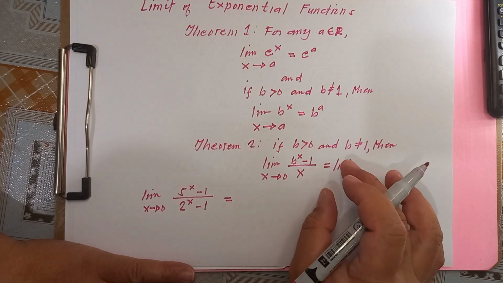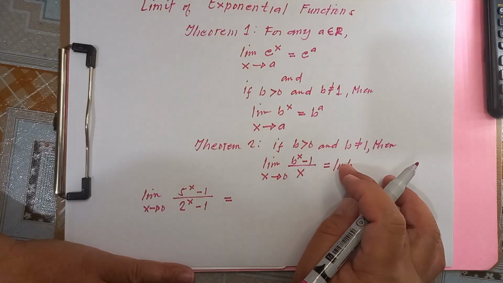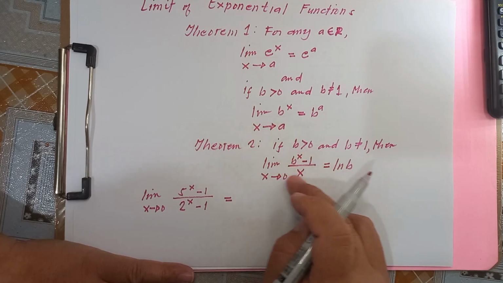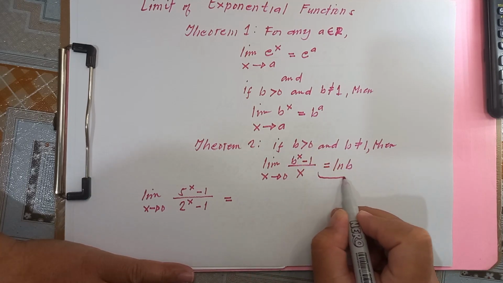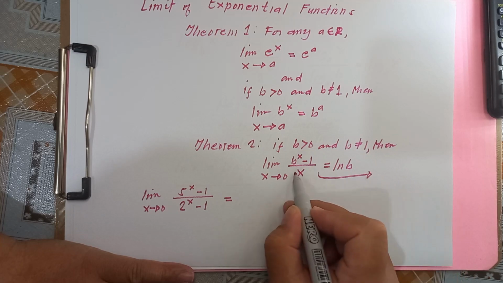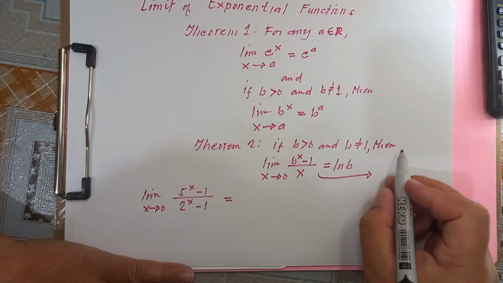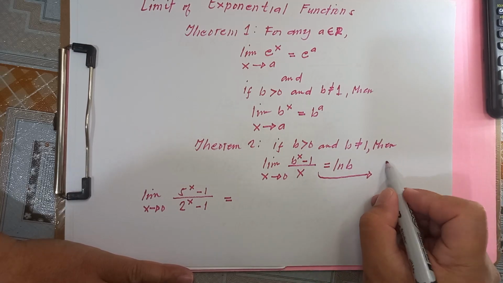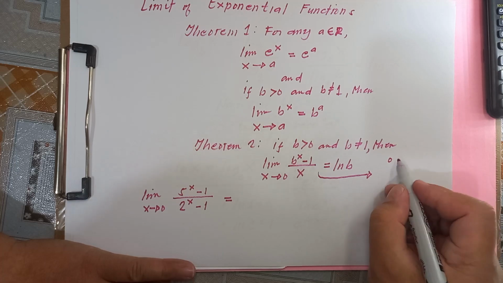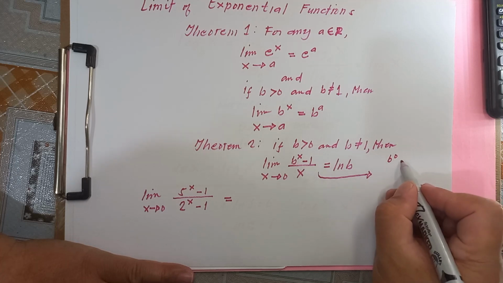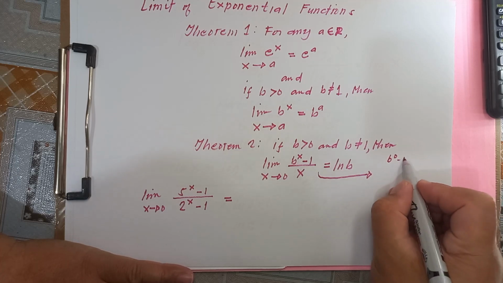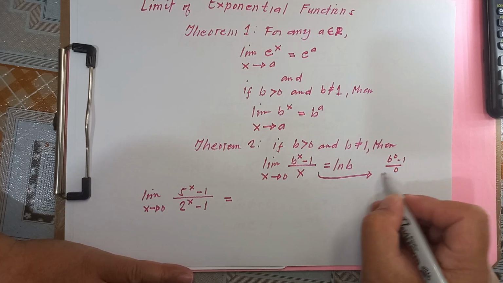Assuming we do not have the natural number b, we will be having the direct substitution. Direct substitution of this one is the same as b raised to 0 minus 1 over 0.